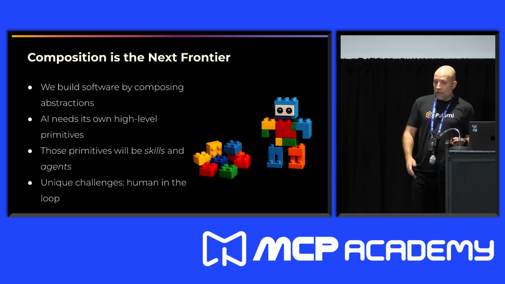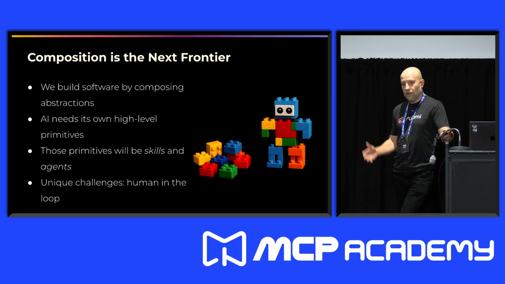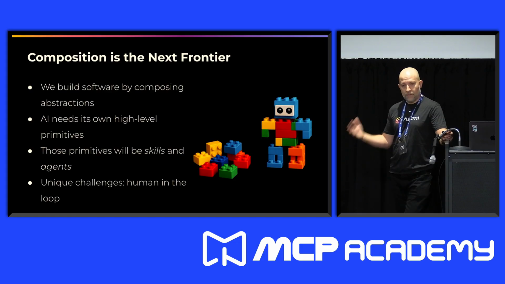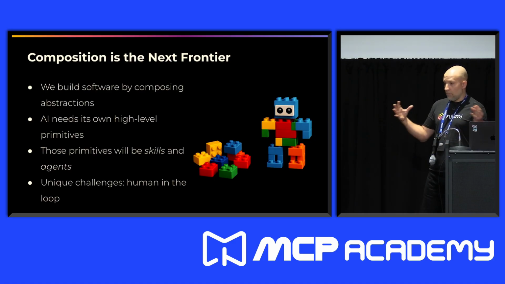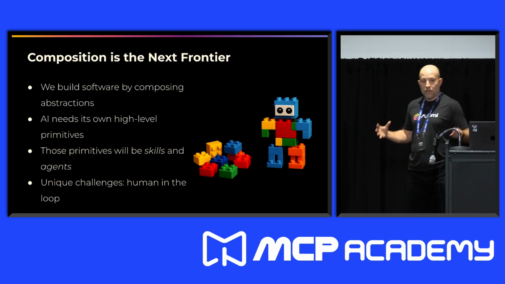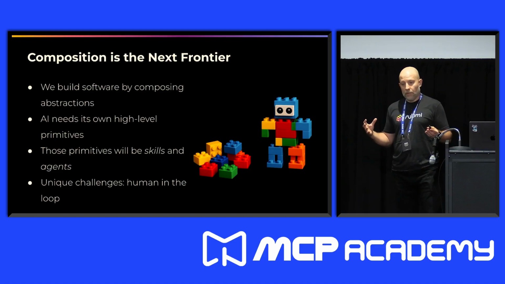The only way that we can build complex, sophisticated software is by creating layers of abstraction and composing it from composable primitives. This is true in general. This also applies to building AI software. But the units of composition are going to be different. And the challenges that we are facing are also going to be somewhat different.